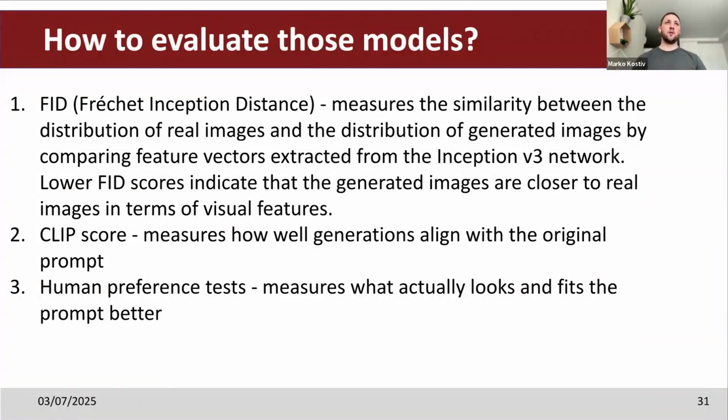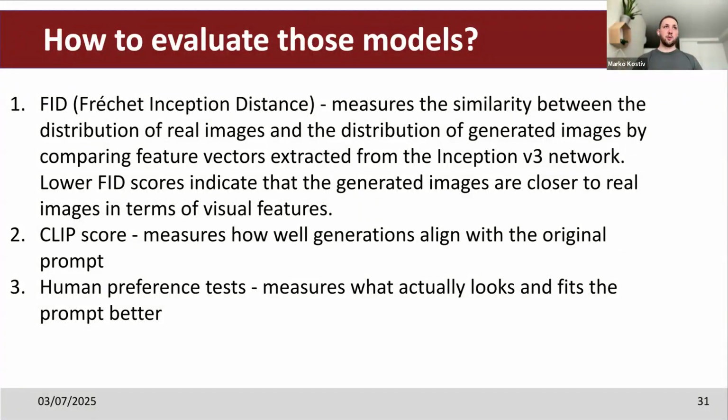There is a CLIP score, which measures how well the generations align with the original prompts. We have the CLIP pre-trained, and we just find the distance between the embeddings and how close are the embeddings of the generated image to the original prompt encoded by CLIP.